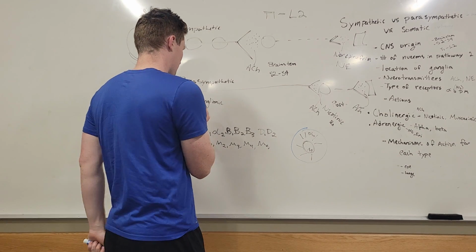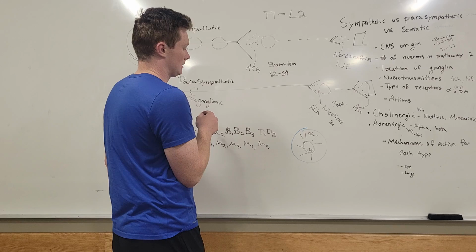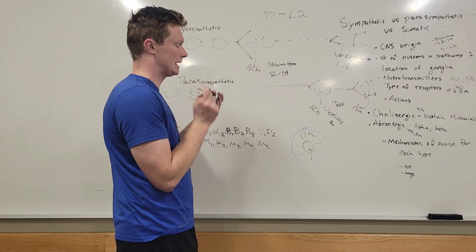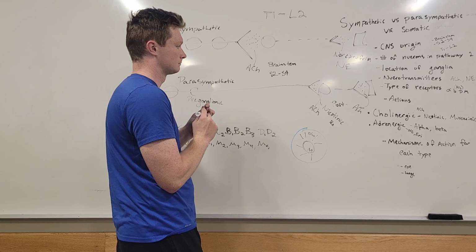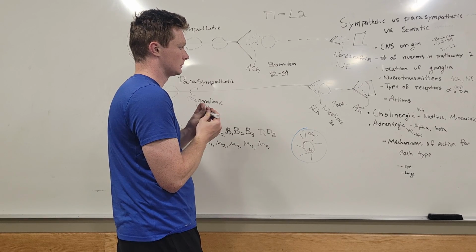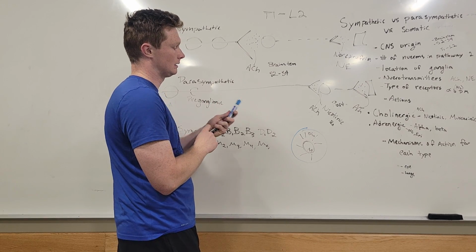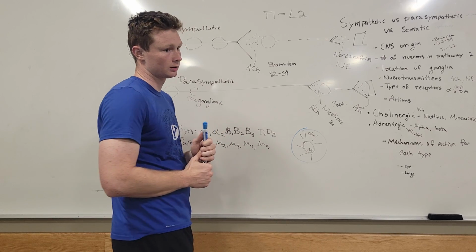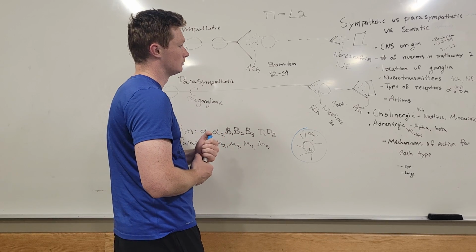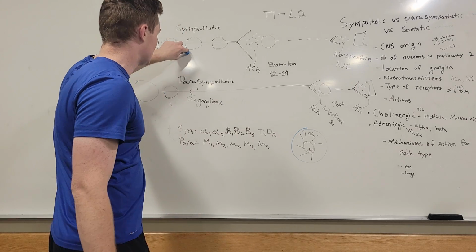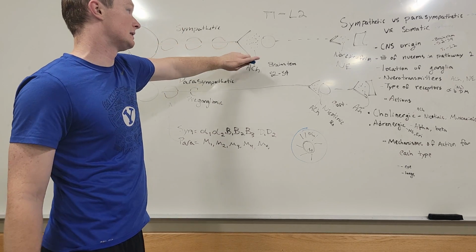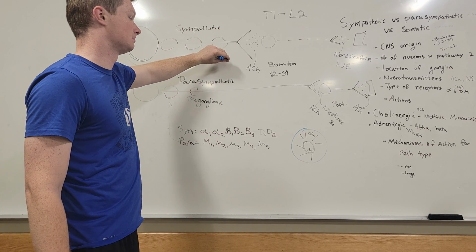So say we have a sympathetic pathway. Say we take a drug that actually affects the ACH pretty hard, or something like that. But basically, say the sympathetic pathway is getting dilated.